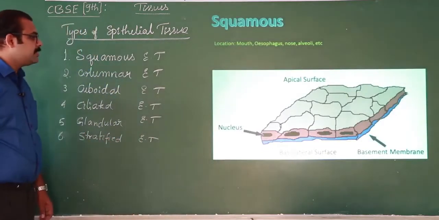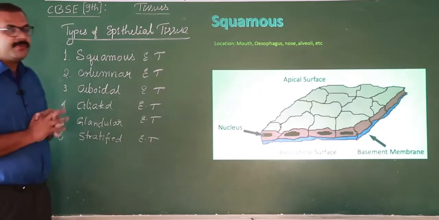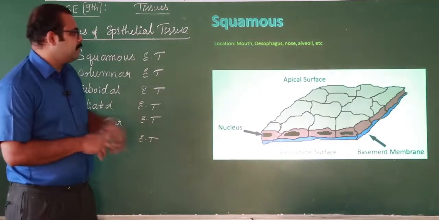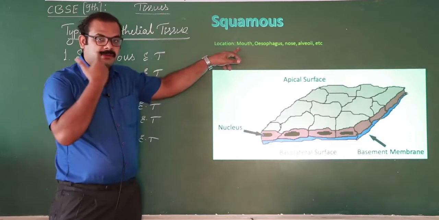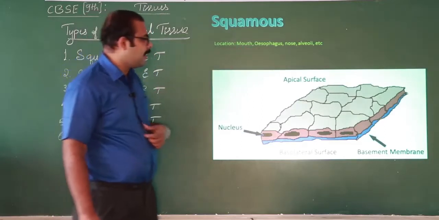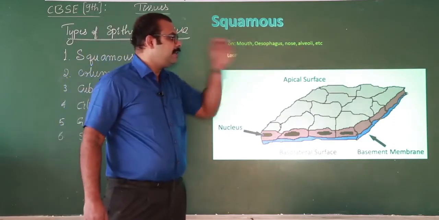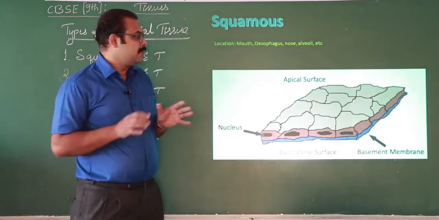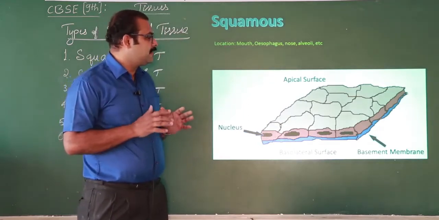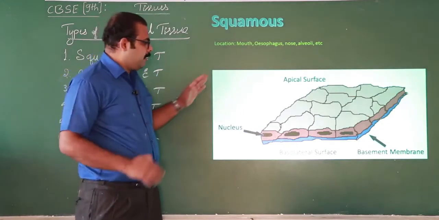Now we are going to discuss the first one, squamous epithelial tissue. It is mainly located in the surface of the mouth, the esophagus that is the food pipe, the inner surface of the nose, and the alveoli in the lungs. These are the regions where squamous epithelium is located.